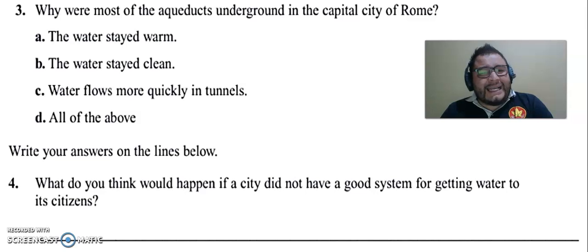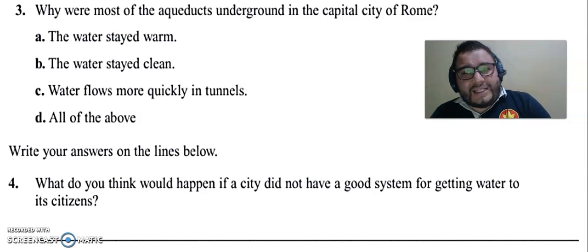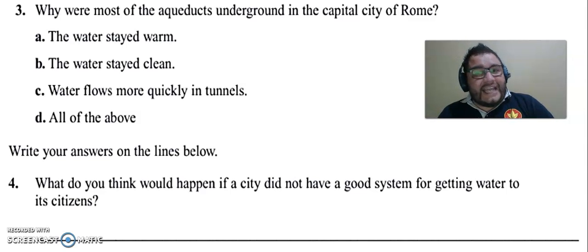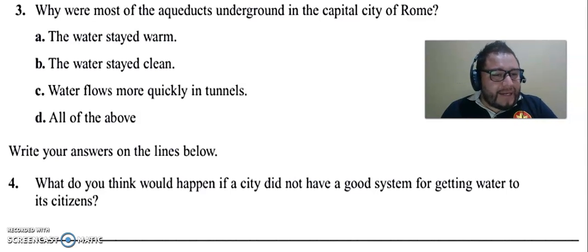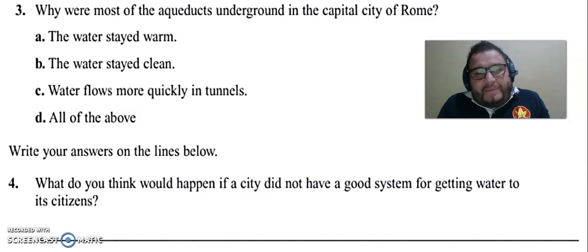What happened if a city did not have a good system for getting water to the citizens? What is a citizen? Ciudadanos, the citizens, right? You and me are citizens. Well, you're going to be citizens after 18 years old, right? In Honduras. So what is going to happen? We're not going to have water, and the people are going to have different problems, right?